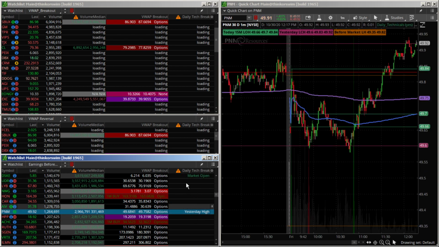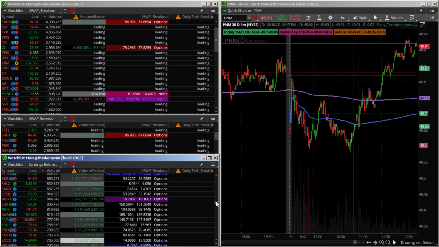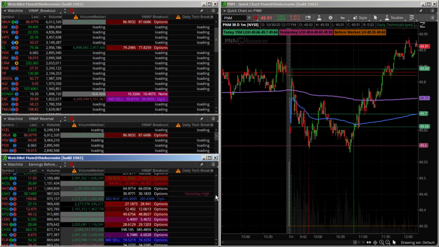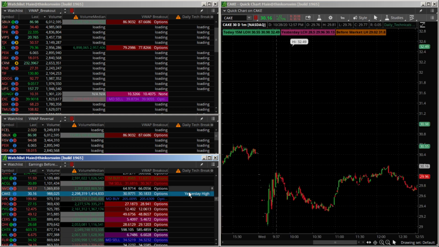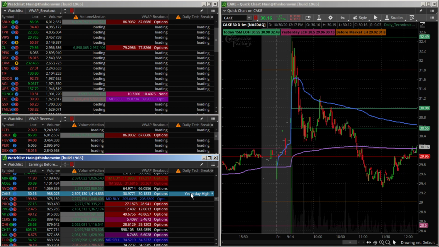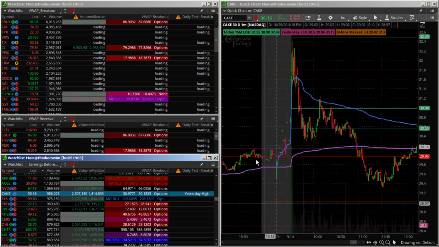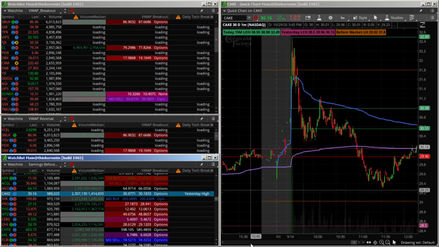So this is a very good indicator that shows us where it is compared to technical values of the day. So now this one kick is at yesterday's high, which would be this purple line over here.